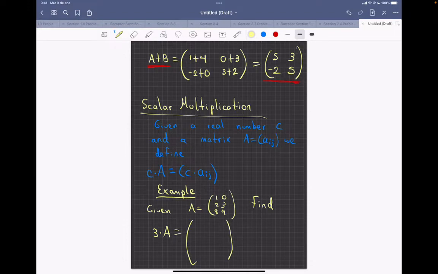I need to multiply each entry here by the number 3. So we want to have 3, 0, 6, 9, 24, 27. And that's all. This is how you find the scalar multiplication.